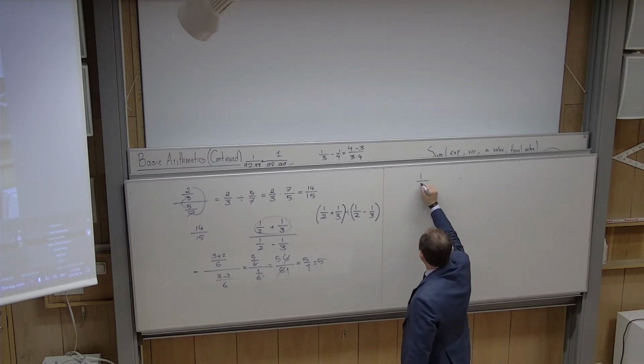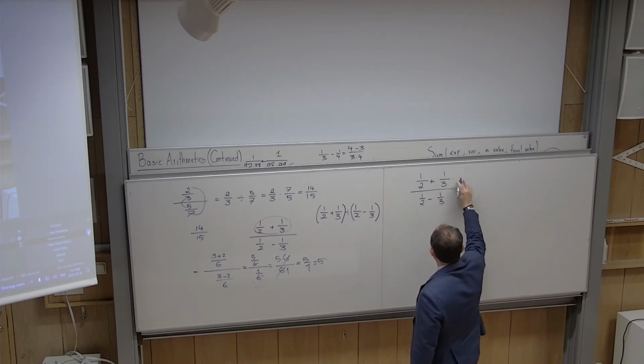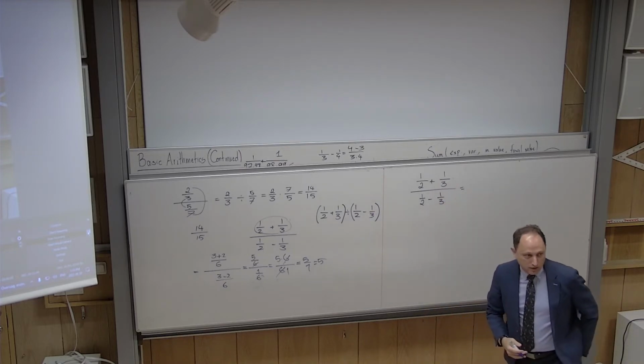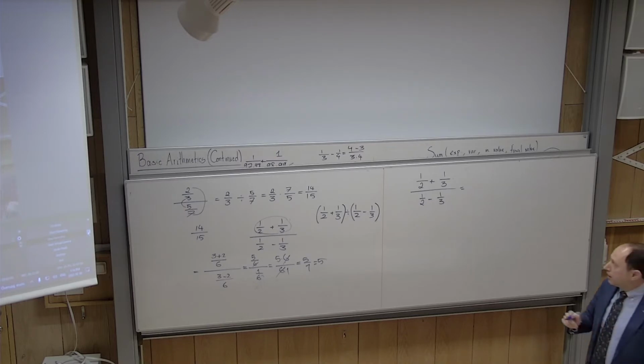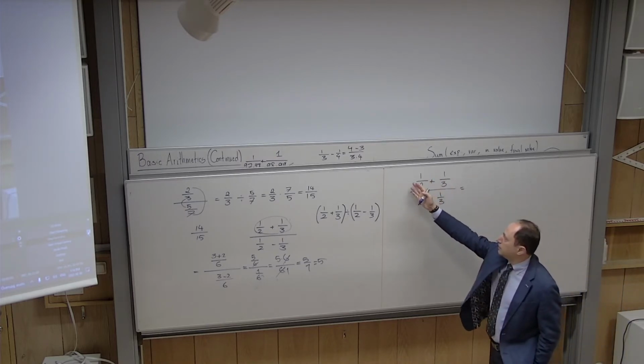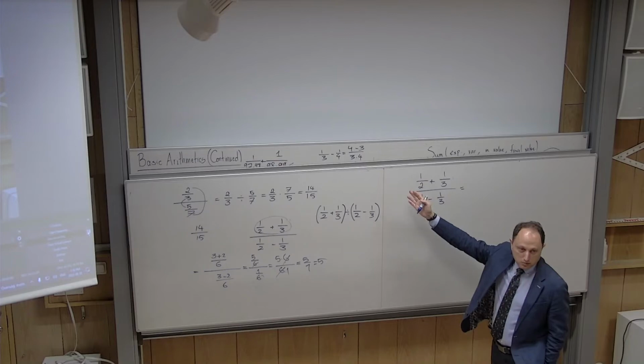If you want to calculate these compound fractions, I would recommend you to rescale the fraction in a way that you get rid of all fractions. For example, I multiply everything by 6 in my head.